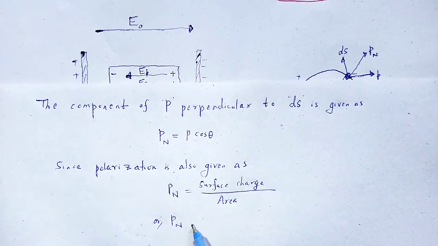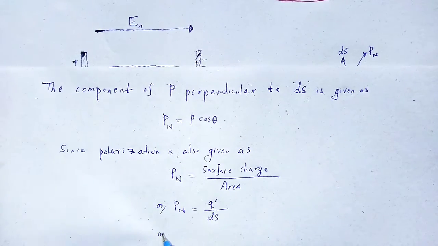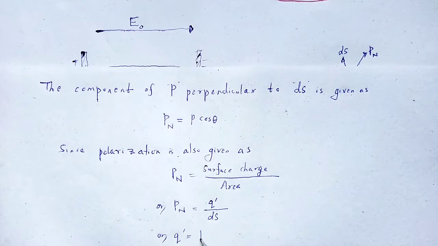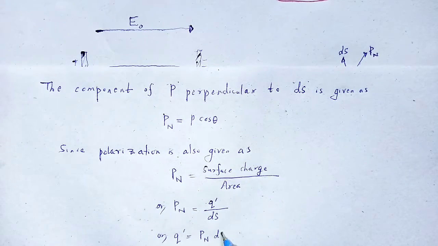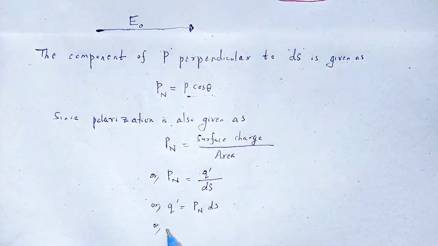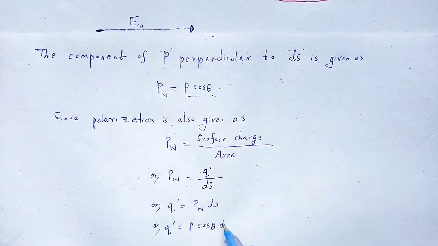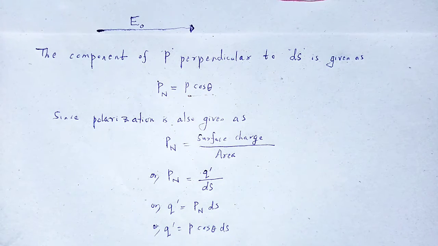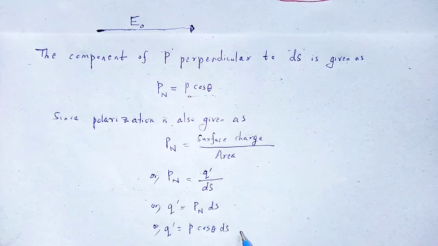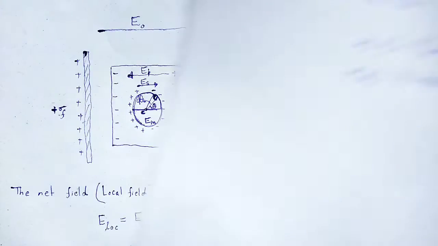Let q ds be the surface charge, area ds. Q ds is equal to Pn ds. The value of Pn as P cos theta, or Q dash is equal to P cos theta ds. Another equation, equation number 7.